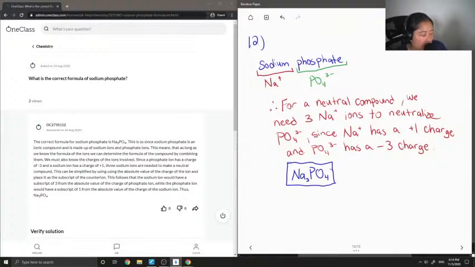So we can also write out its structure since it has a pretty interesting structure. Basically, we have our phosphorus, and it has a double bonded oxygen, and then 3 more single bonded oxygens that all have that minus charge.